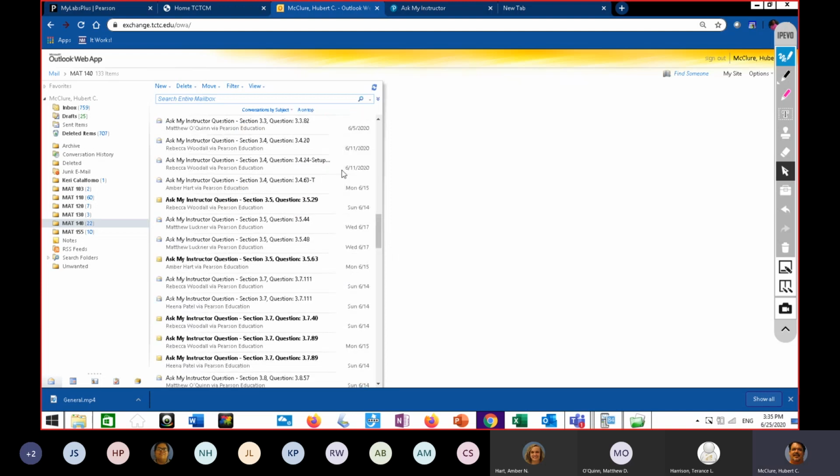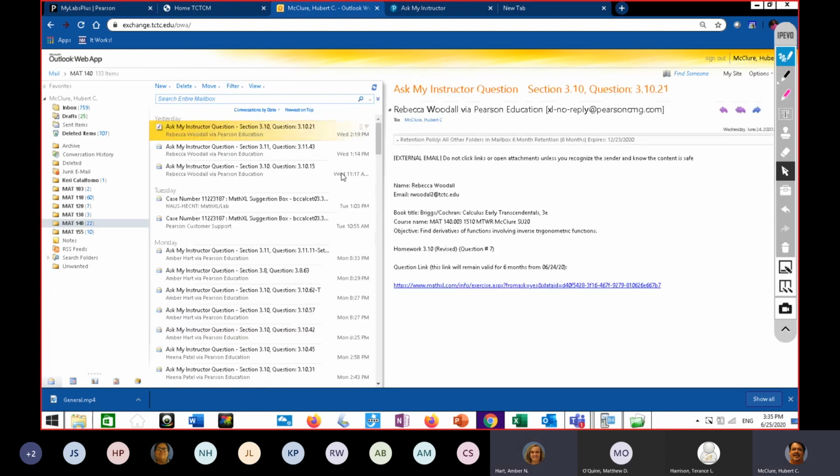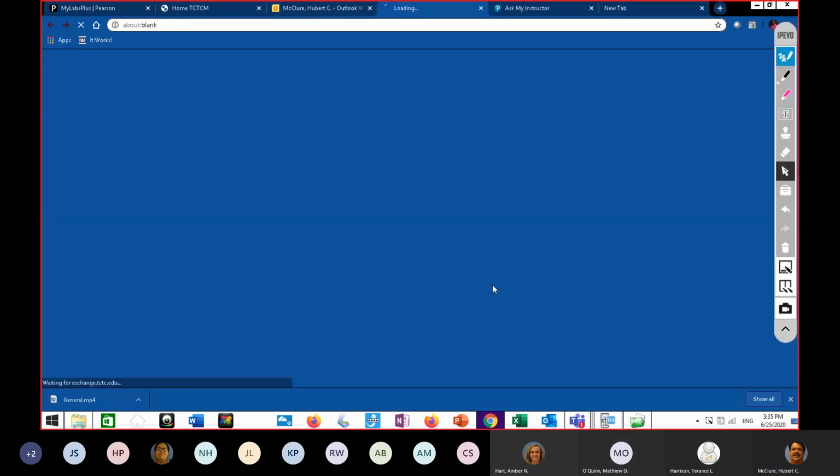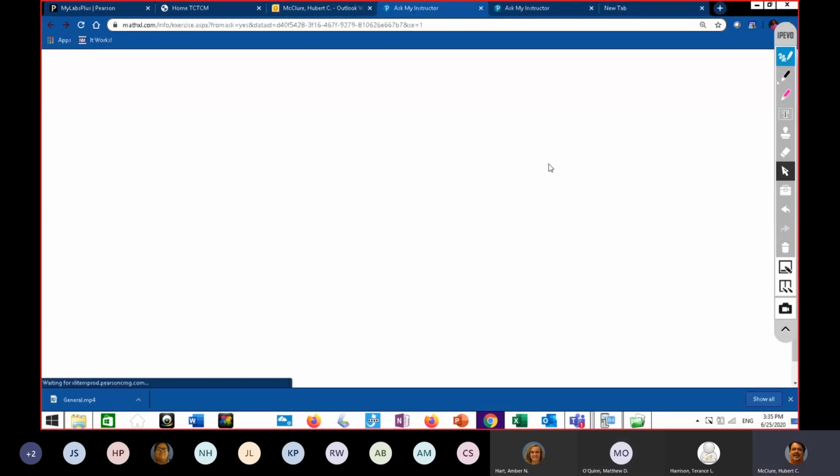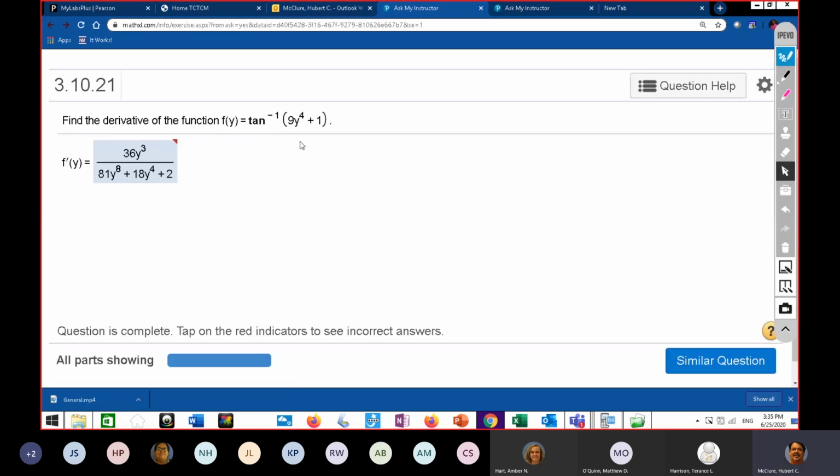I had them and then I lost them. 3.10, 21, I'm just going straight down. 21/7. Is this a test question? Yes. Unless it takes 15, 20 minutes to do, it's not a test question. Find the derivative of the function inverse tangent of 9y to the 4th plus 1.